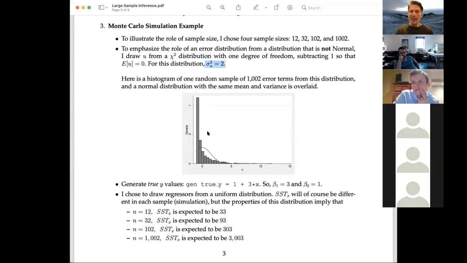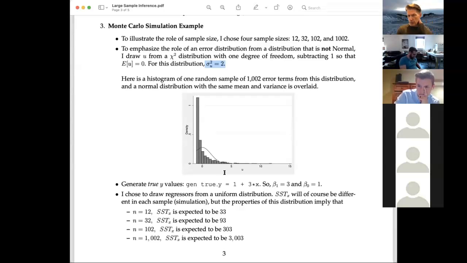And I just want you to see, yeah, that's definitely not normal. In fact, you can see overlaid what a normal distribution would look like with the same 0 expected value and the same variance. So it looks way non-normal, way asymmetric.